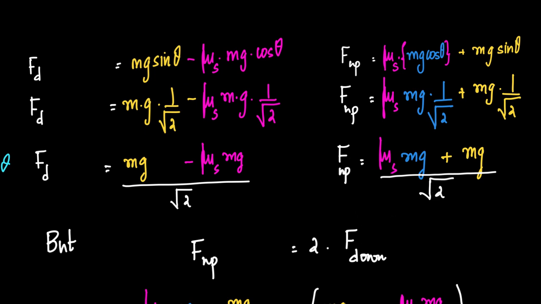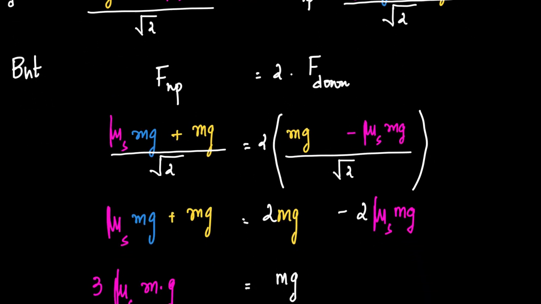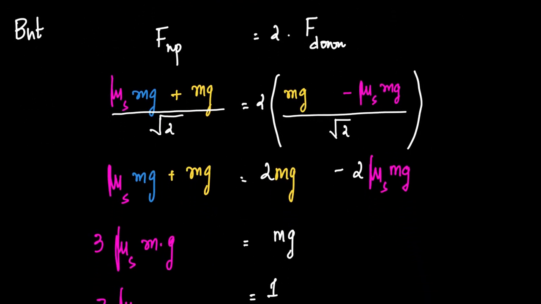Now, it is given to us that F up is equal to 2 times F down, which means this equation is actually 2 times this, which will take us to F up, this equation being 2 times equal to this, root 2 by root 2 is 1. Now we have the numerators being equal. I'll multiply 2 into the brackets, so we have 2 mg minus 2 mu s mg.